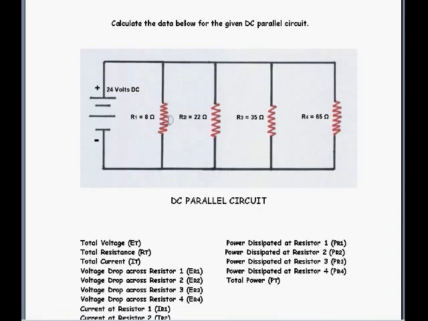R1 plus 1 over R2 plus 1 over R3 plus 1 over R4, on and on, as many resistors as you have. If you have just two, let's say we didn't have these two, you can then take the product sum rule and multiply the 8 times the 22 and then divide it into 8 plus 22, and that would allow you to get the total resistance of two resistors in parallel.